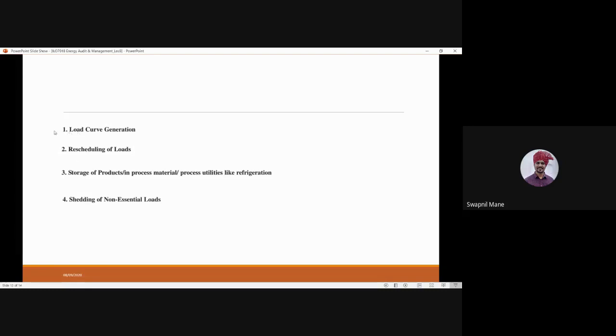First, load curve generation will be there. It will sense how much is the load from this time to this time, and the rescheduling of the loads will take place by the device.